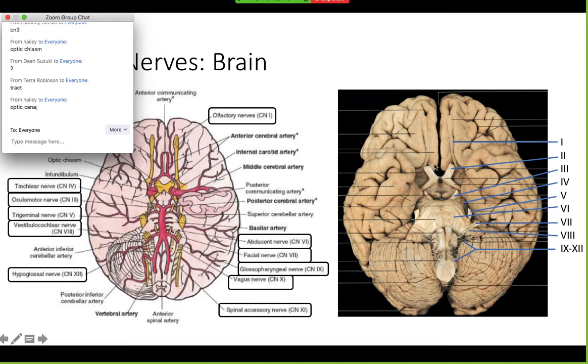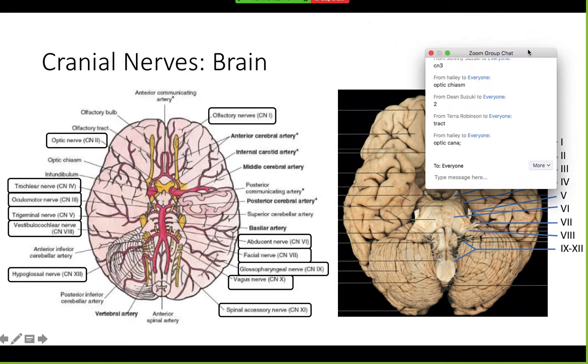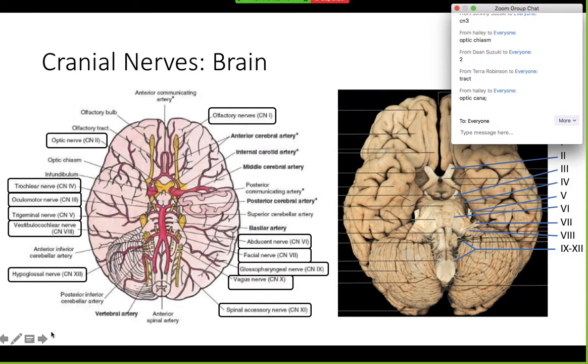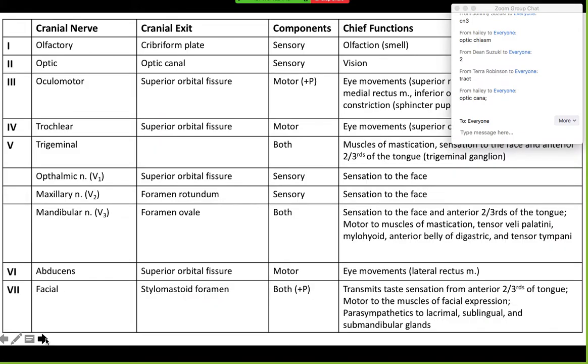Optic nerve, optic chiasm, where the fibers cross right here in the middle, and then right here is the optic tract. So if they're going to tag the optic nerve, they can really do it in 3 places, and that changes what you call it. So make sure that you're aware of that.